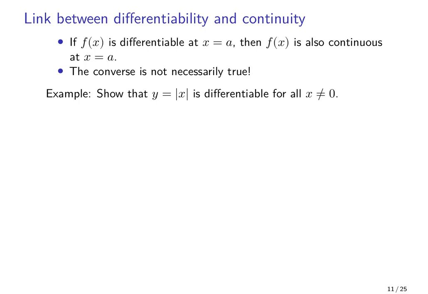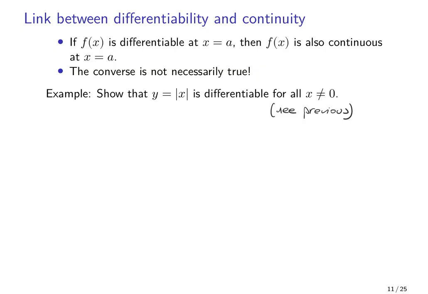The example here says, show that the absolute value function is differentiable for all x different from 0. We've already done that, actually, when we computed the derivative. So, see previous. But I want to point out one thing.